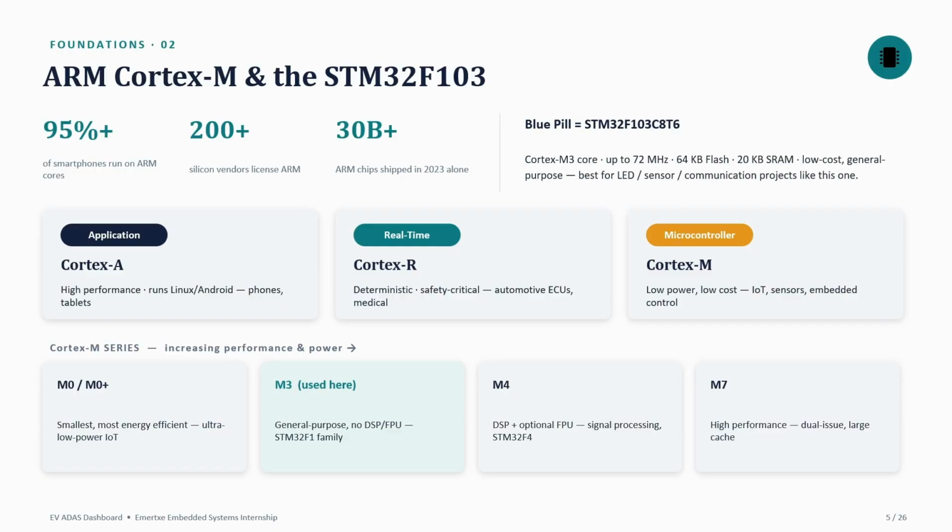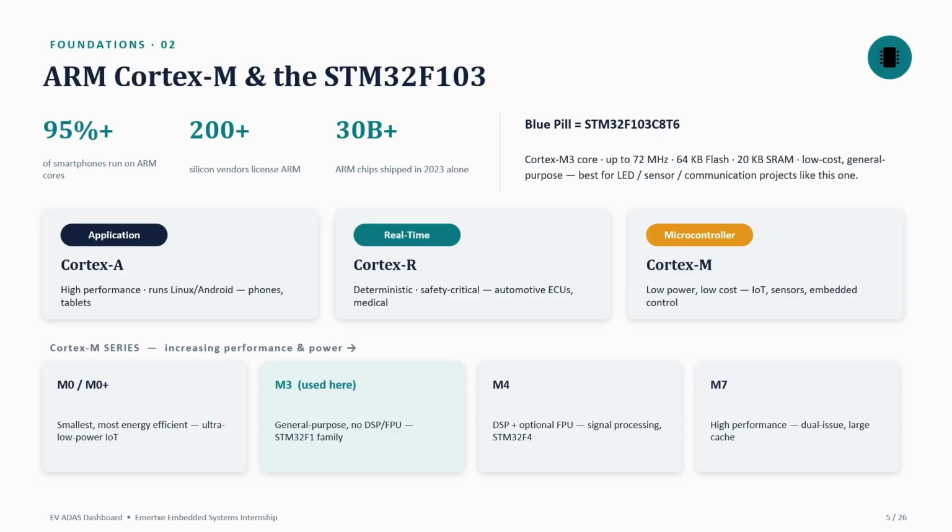Over 95% of smartphones use ARM Cortex. More than 200 silicon vendors license the architecture for their own chip designs. About 30 million ARM chips are shipped globally every day. Thus, ARM plays a very important role in circuits.